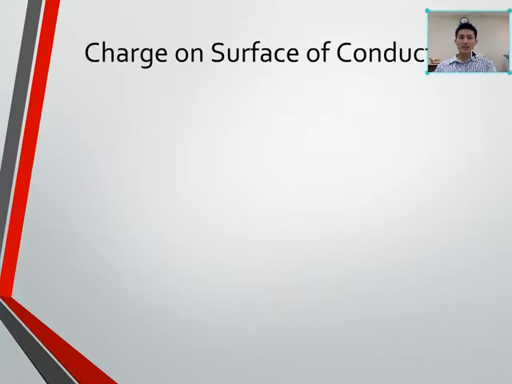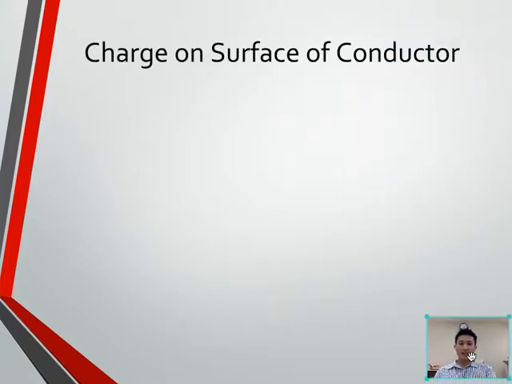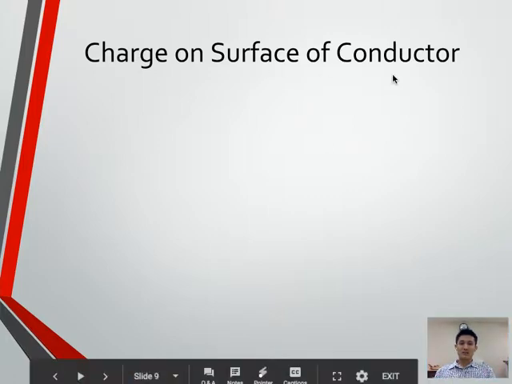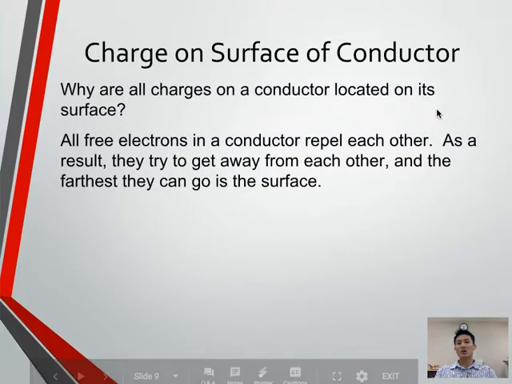But moving on to our last topic, the charge on a surface conductor. A conductor, just as a review, is an object that is able to transfer or transmit electricity. What's interesting about conductors is that you'd think the charge moves all the way through the conductor.